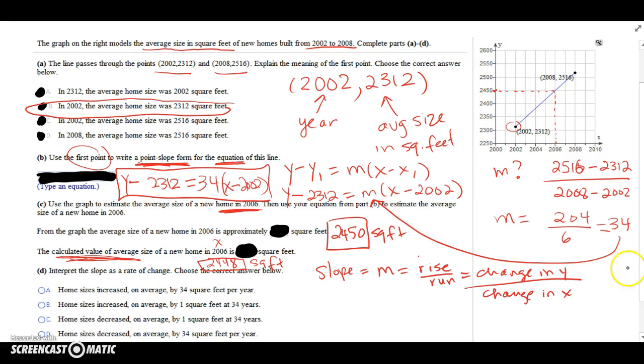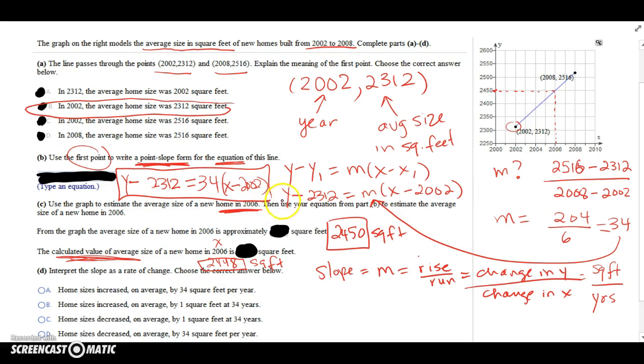For me, the y values are in square feet, because the y-axis is the size of the home. The change in the x's is the change in the years that I'm looking at. So the rate of change being described by the slope is square feet in relation to the years that go by.